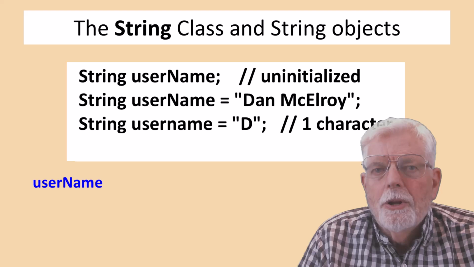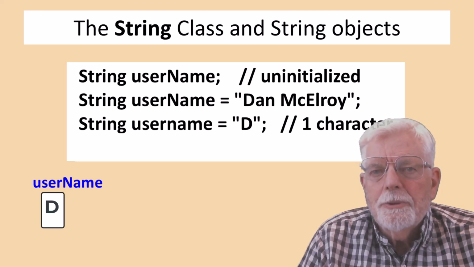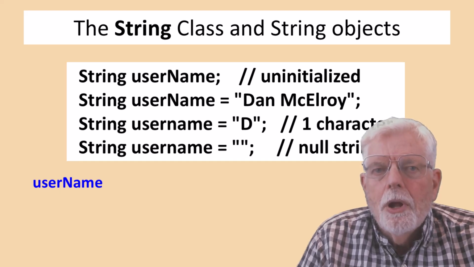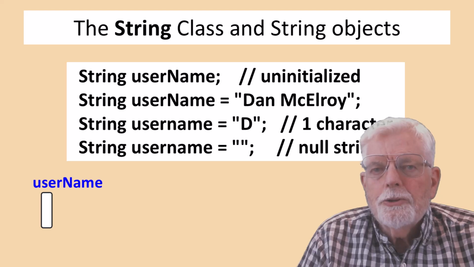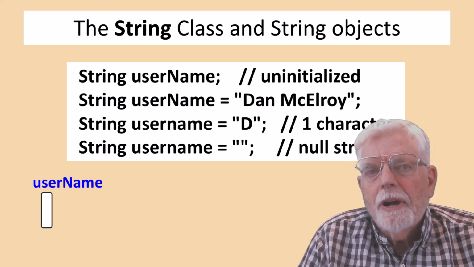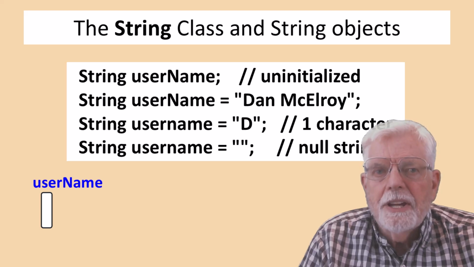The third example, String username = "D";, creates an object named username and sets aside enough memory to hold only one character for the letter D. The fourth example, String username = "";, creates an object named username but initializes its size to 0 bytes. This is called a null string. Strings are covered in more detail in a different presentation.